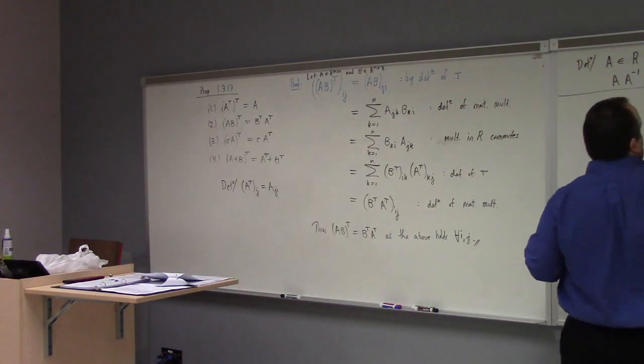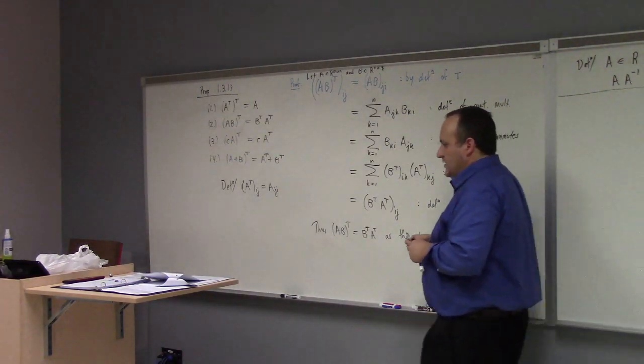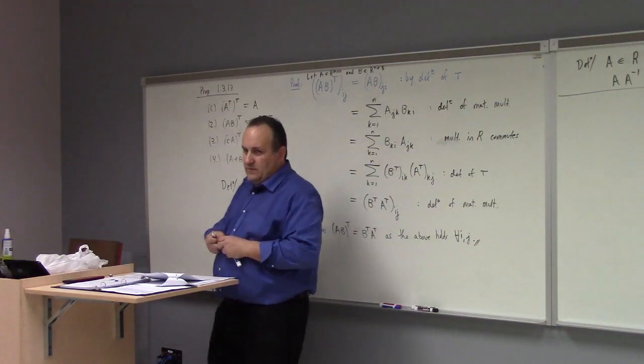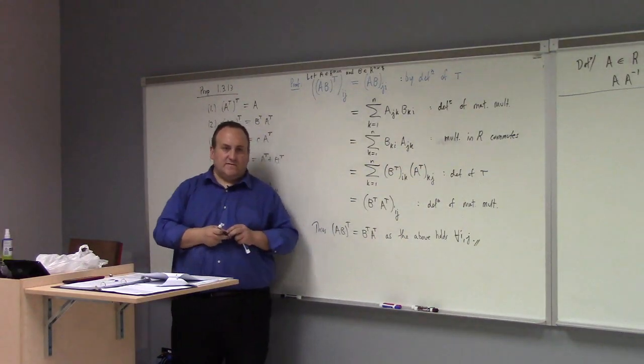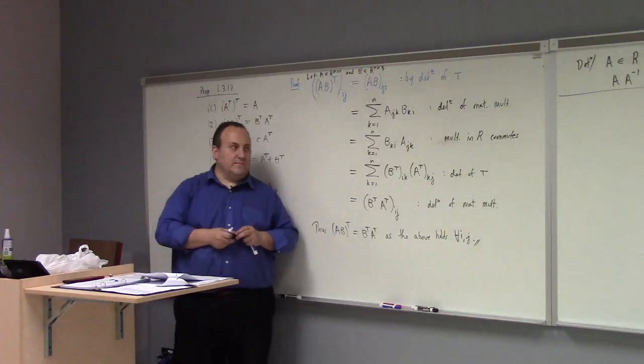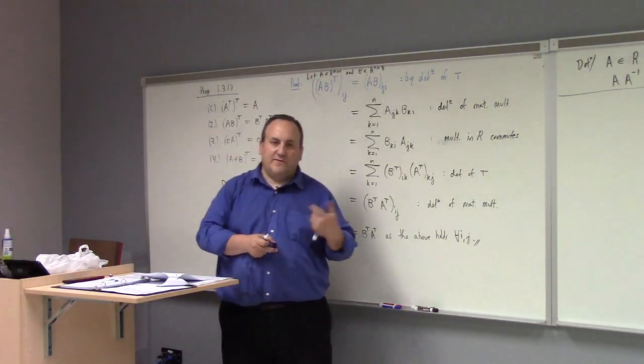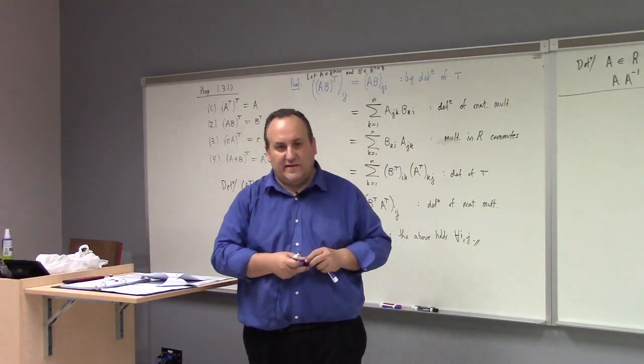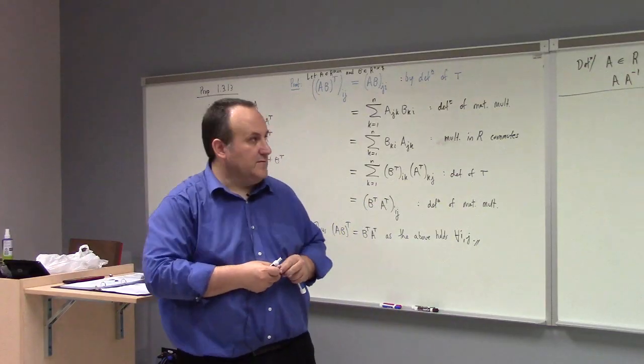And we can prove, in fact, that either one of those conditions suffices. If either A times A inverse is the identity or if A inverse times A is the identity, either one of those makes the other happen. This can be proved, all right?